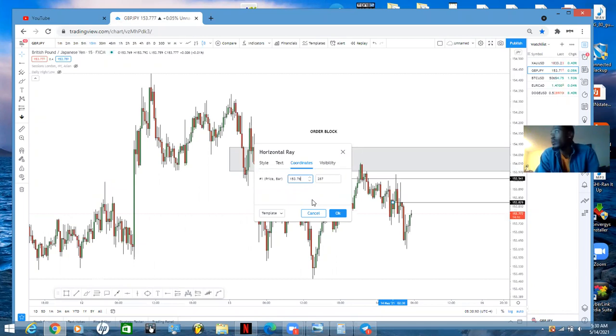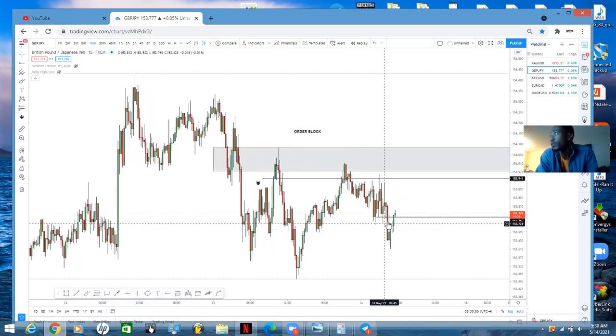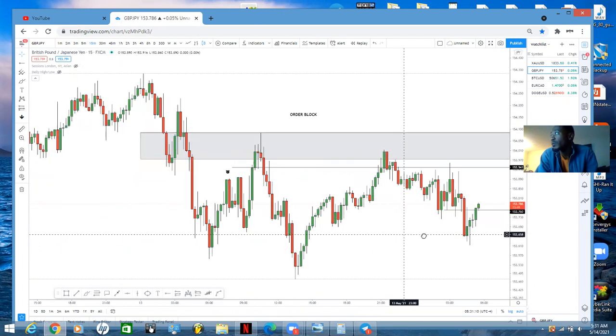Yeah, I took my first position right here at the lower discount, and price came back and pulled back to retest discount. So at that time, it looked like this.